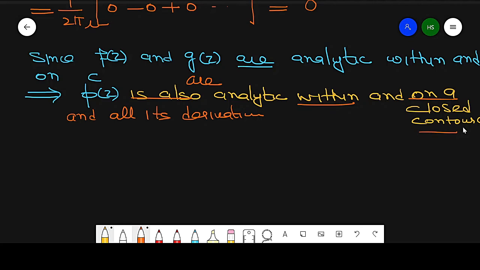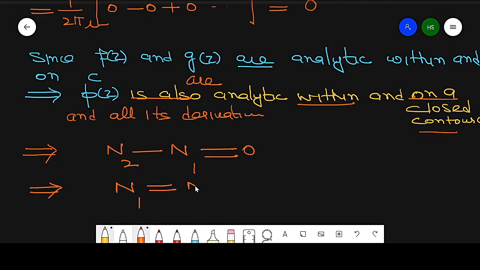If they are analytic, then the integration around that is equal to 0. If the integration around that is equal to 0, it implies n2 minus n1 equals 0. So what we get? We get n1 is equal to n2.